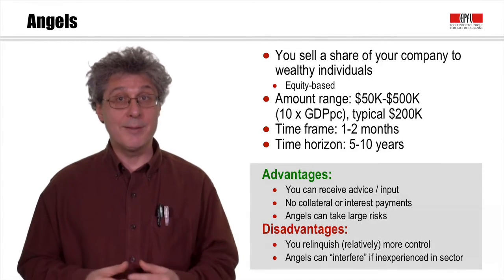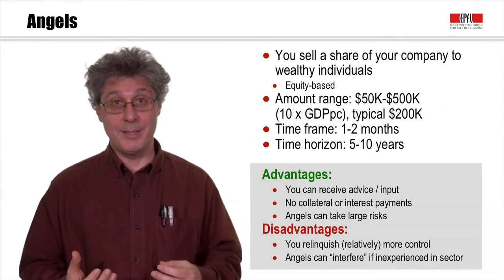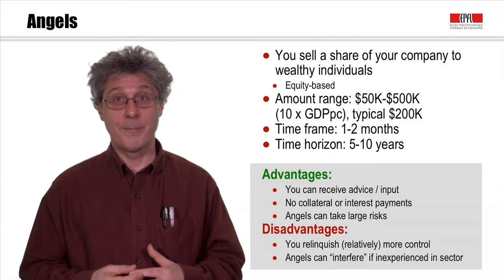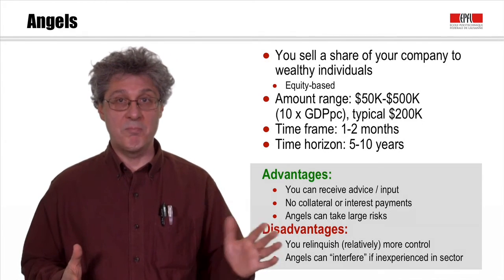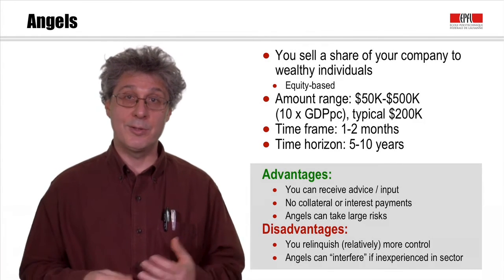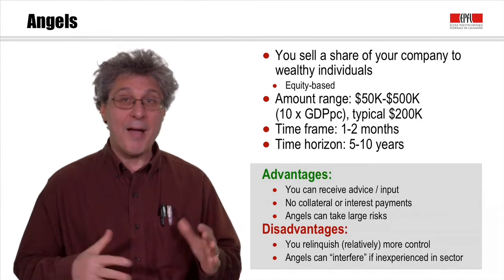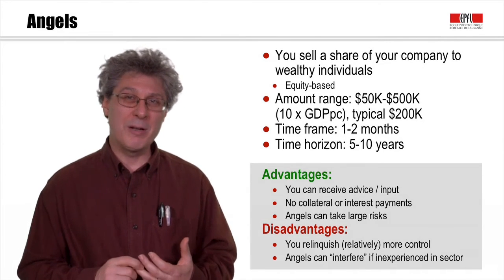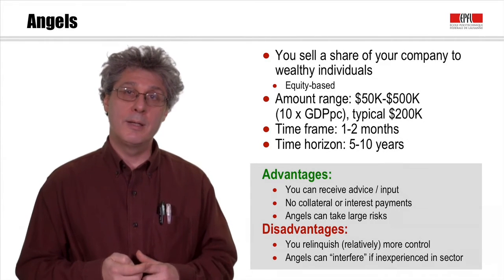These are equity-based investments. So that means you are going to sell a share of the company to the investor. The amount ranges here, usually starting on the order of 50,000 and going up to 500,000, which is 10 times GDP per capita. Typical amount might be half that maximum, so around 200,000 or so, 4 times GDP.